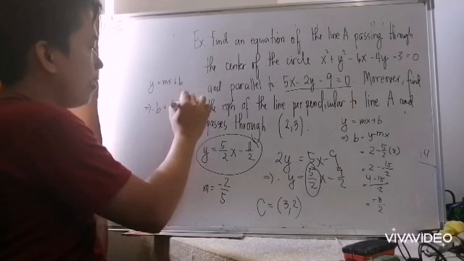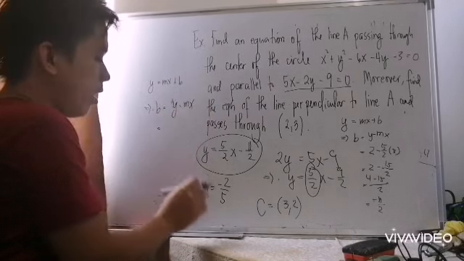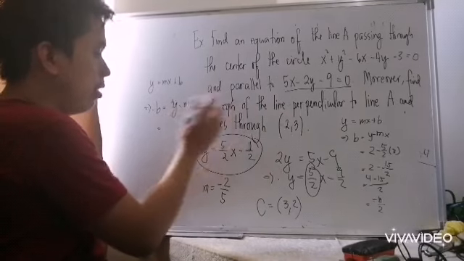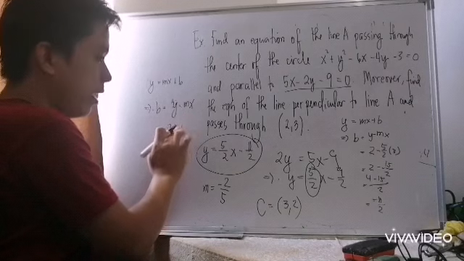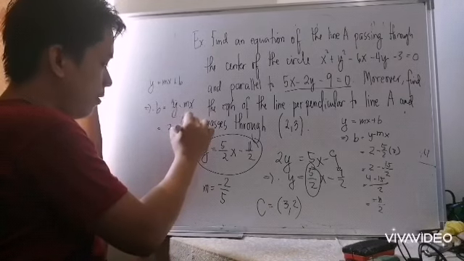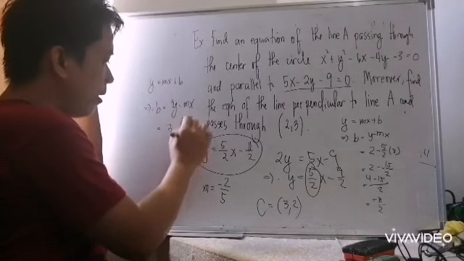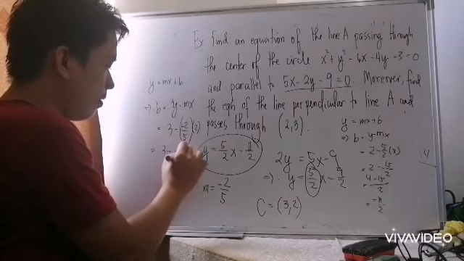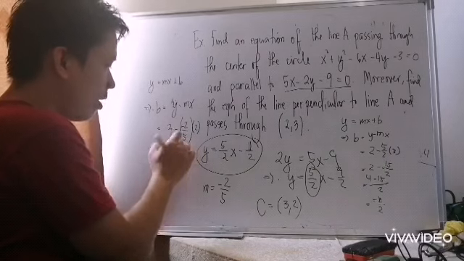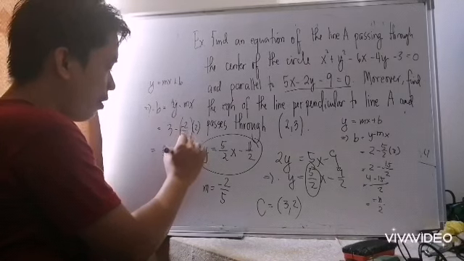y minus mx. Your y here is 3 minus negative 2 over 5 times your x, which is 2. So you'll get 3 plus, rather, this becomes 4 over 5.